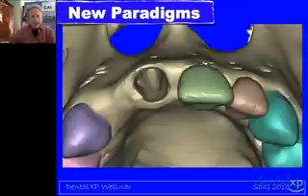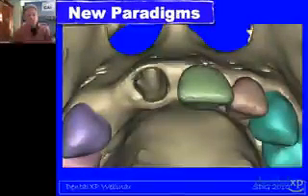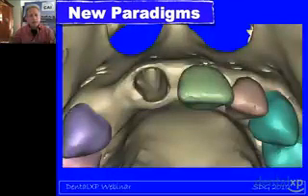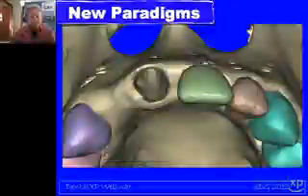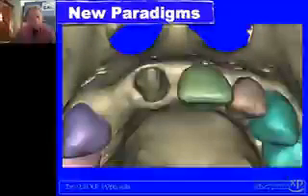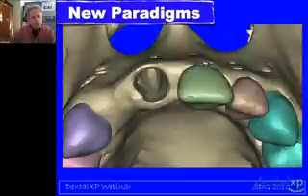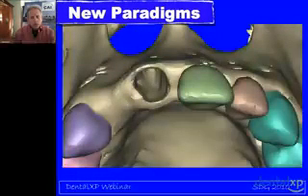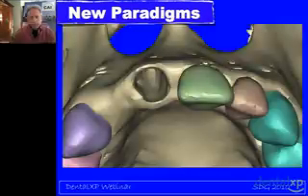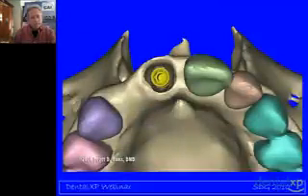So here we have these new paradigms which allow us to use sophisticated tools such as creating a virtual extraction. Now we have an extraction socket, and within that socket, you can see the narrow facial and the narrow lingual cortical bone. As we analyze this, we can utilize our technology and tools to evaluate that receptor site and start to place an implant there.